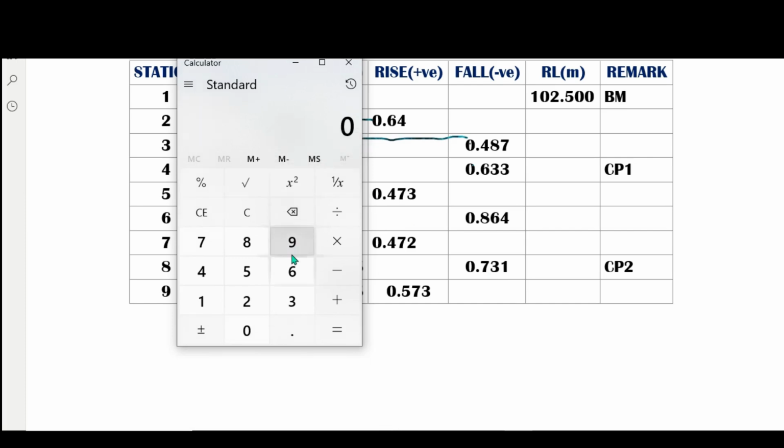Now let's go. I'm also fast with this one here. So 102.500, so 0.5 actually, plus, so we'll be adding 0.473, which is equal to this.